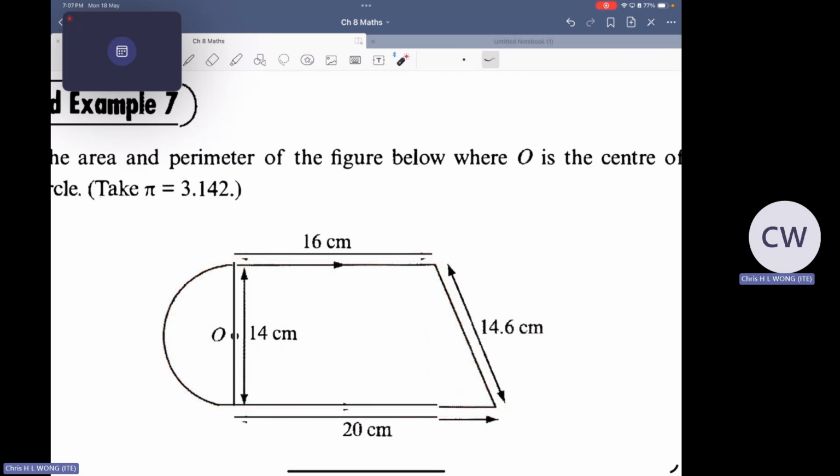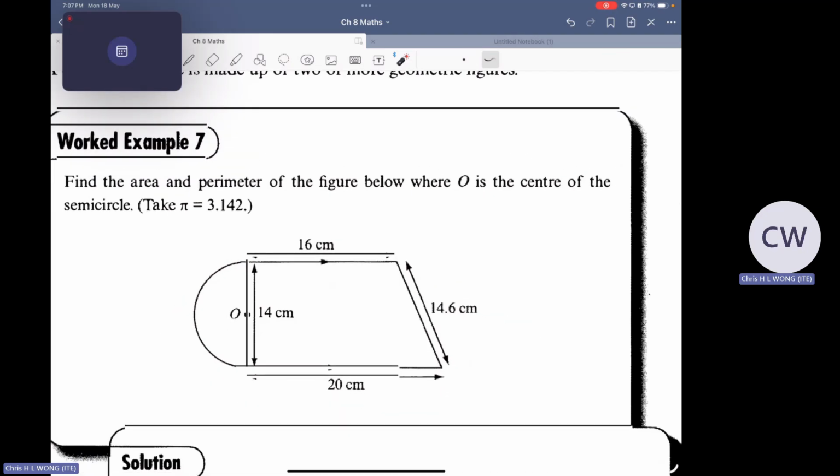Let's start with the area. How do you find the area? The first thing you do is, they actually show you this is a parallelogram. No, this is parallel. These two are parallel, so I'm sure you can find this one, right?